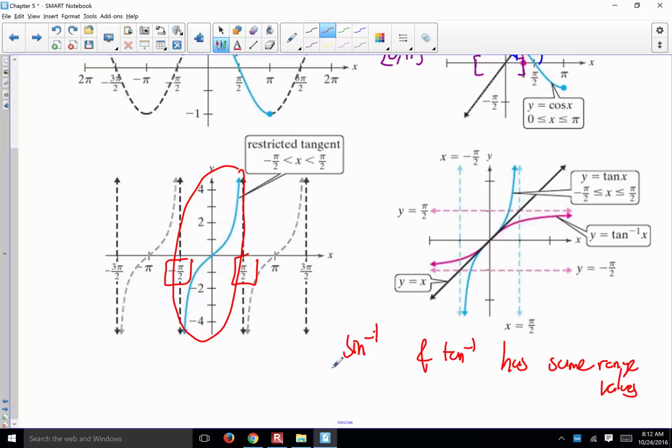When I give you a number, the angle result you give me must be between -90 and +90. Sine and tangent are the same. Cosine and cotangent are the same as well. And here is the picture of tangent inverse. Just flip the blue picture, this middle one.